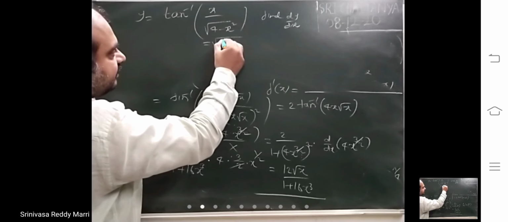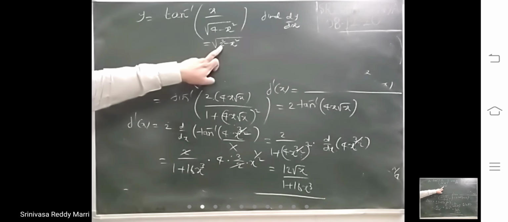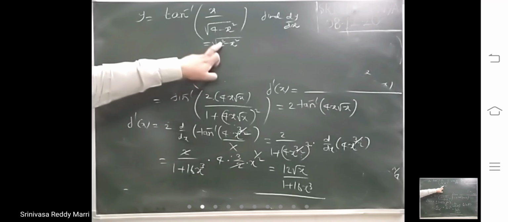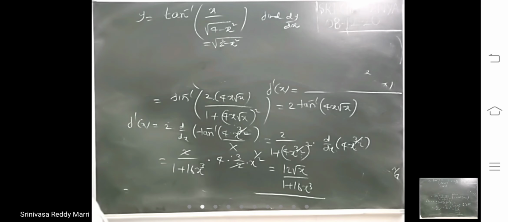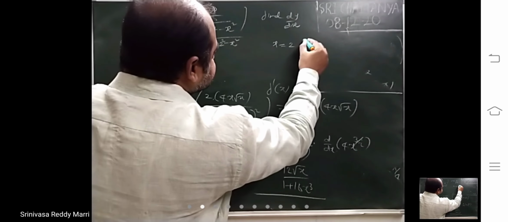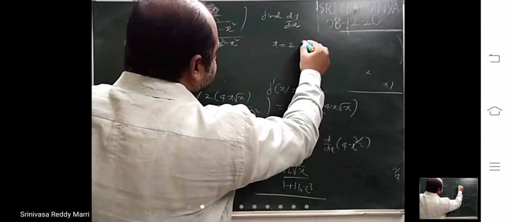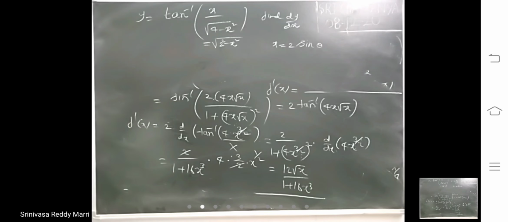This is of the form 2 square minus x square. I have told you, when a term like a square minus x square is there in the given function, take the substitution x equal to 2 sin theta. Substitute in this and then simplify.